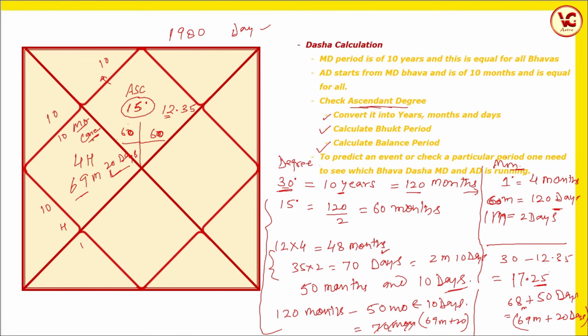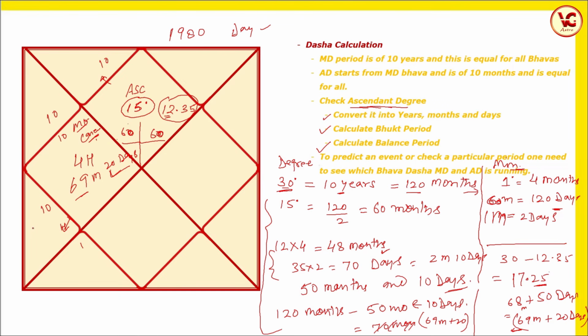So the moon is sitting in the Cancer sign and its lord is the moon, so dasha will begin from here. We have calculated the ascendant was at 12.35 degrees, so balance dasha is 69 months. So after 69 months and 20 days we will move to this house approximately.